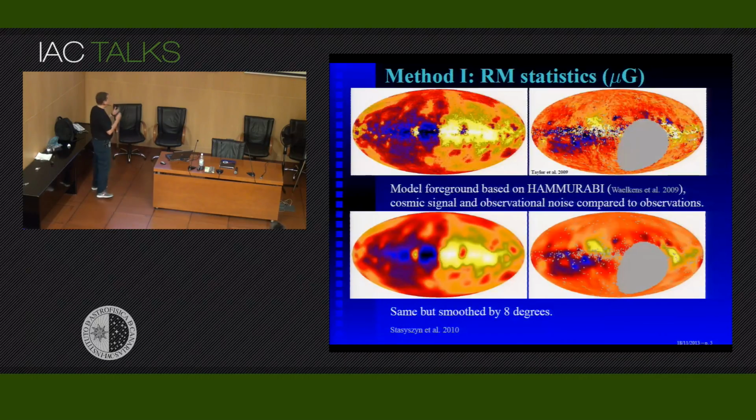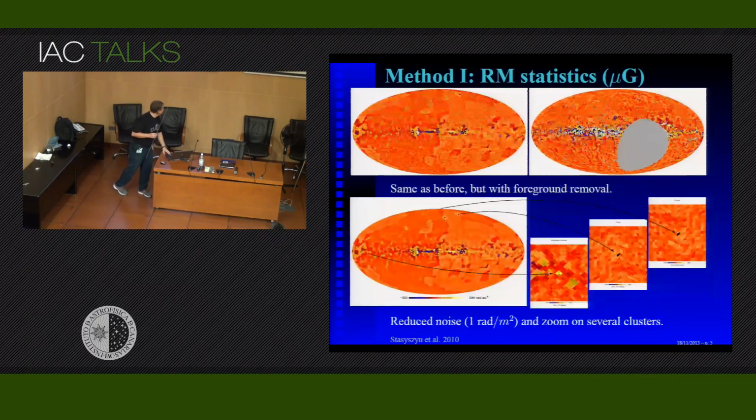We don't want to use the exact galactic foreground. We just need a similar signal to check the influence of the foreground. The typical way to remove the foreground is to smooth the map with a certain filter, so you have that as a proxy of the foreground, which is then subtracted from the data.